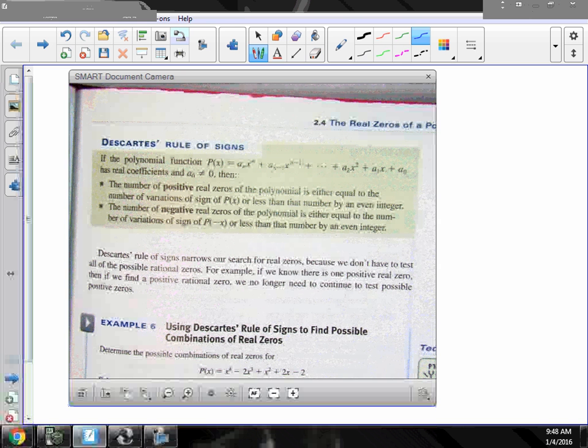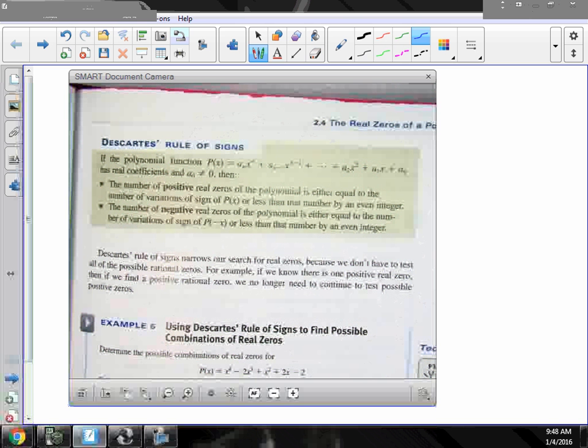The number of positive real zeros of the polynomial is either equal to the number of variations of sign of p of x, or less than the number by an even integer. So if you look at the polynomial and you put it in descending order, and you look at the signs, if you read from left to right, every time the sign changes, that means there's a possibility of a positive root.